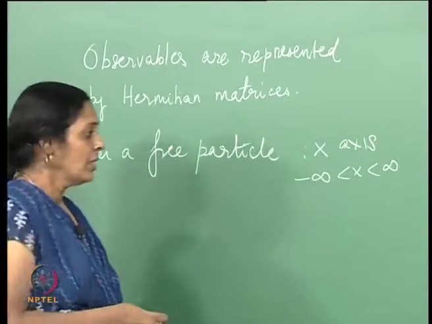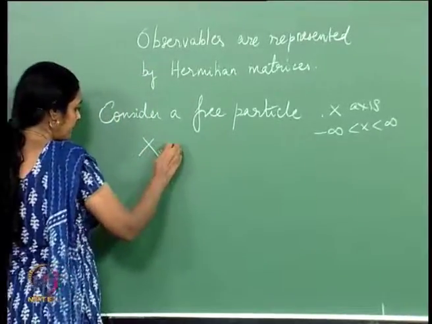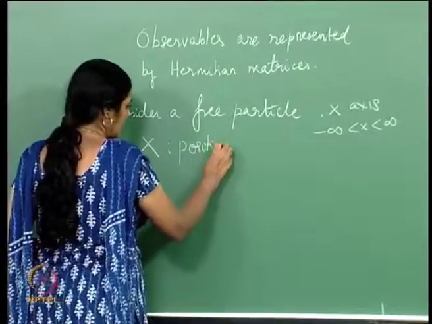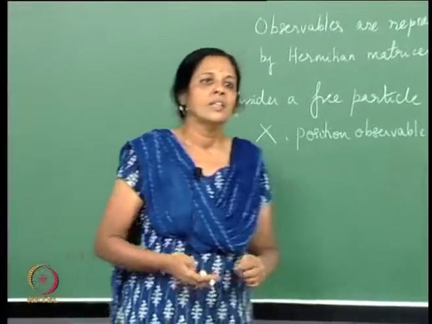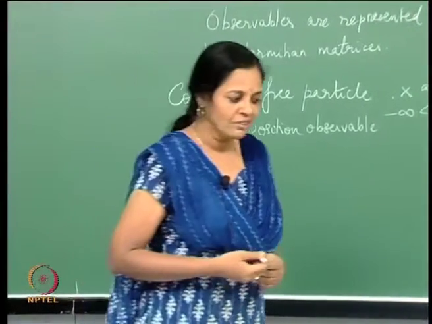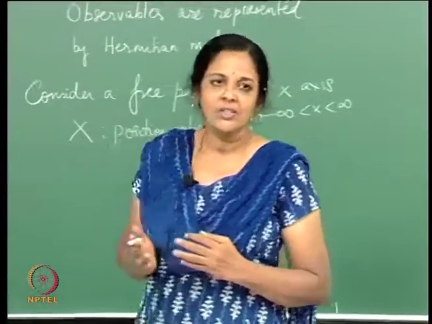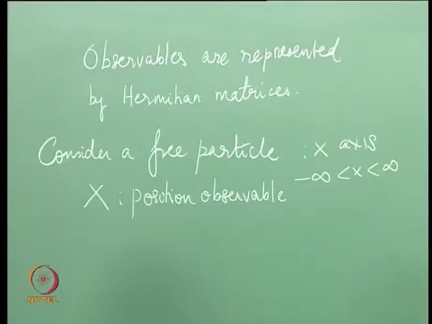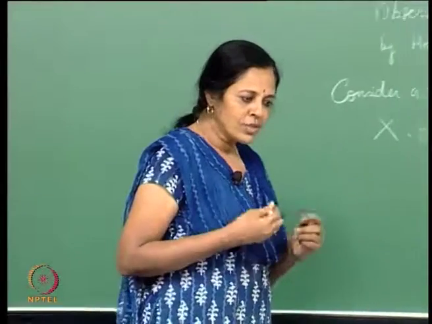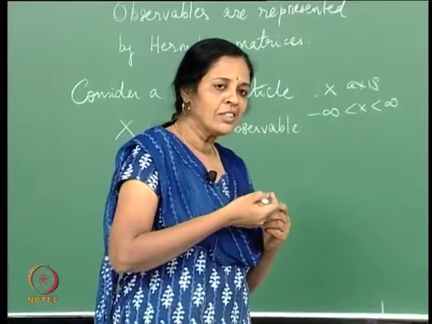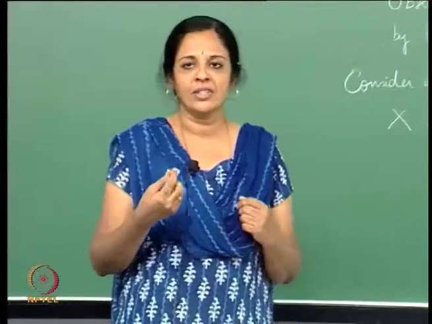It is pretty clear therefore, that if I measure the position of the particle, the observable is position, there will be an infinity of eigenvalues available in this problem, which means that the Hermitian matrix representing the position observable should be an infinite dimensional matrix, and therefore the linear vector space in consideration is an infinite dimensional linear vector space. So, here we have a problem of a particle moving in 1 dimension, but the linear vector space in question is an infinite dimensional linear vector space.